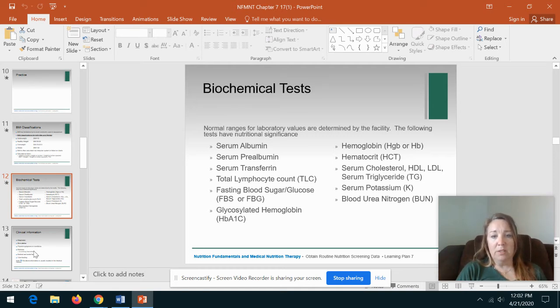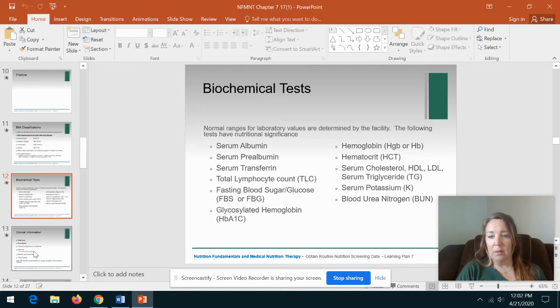The first two on our list are the serum albumin and serum prealbumin. And as you see on page 172, this talks about the overall protein status of our clients. Serum albumin is a little slower to respond than prealbumin. So if you're looking at changing a client's nutritional profile based on serum albumin labs, it just has a longer half-life, so we have a little lag time.